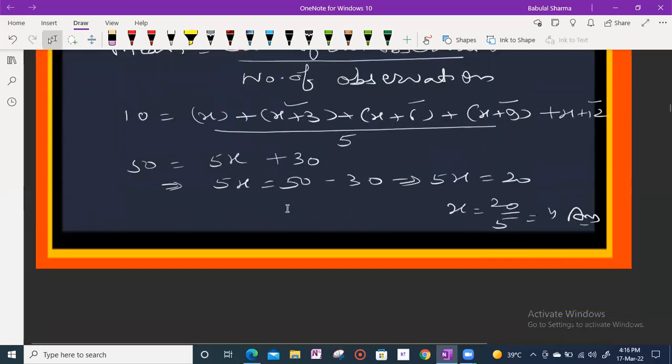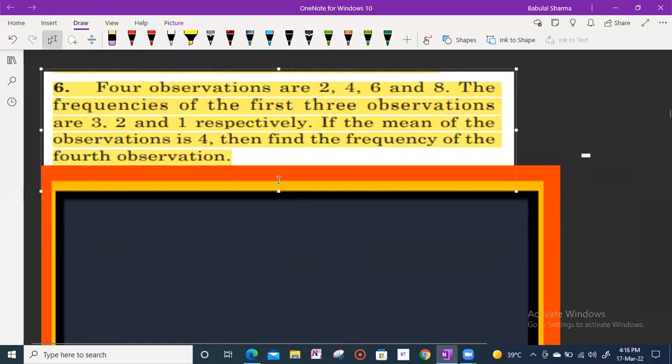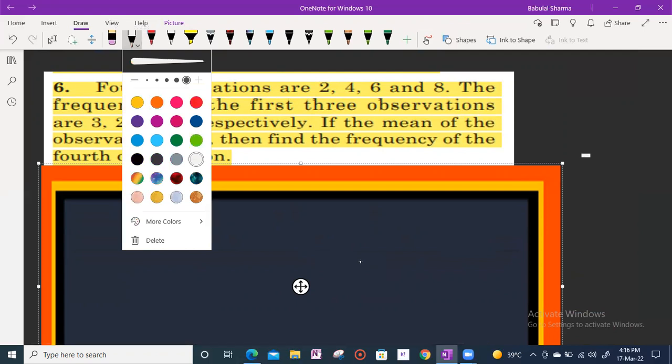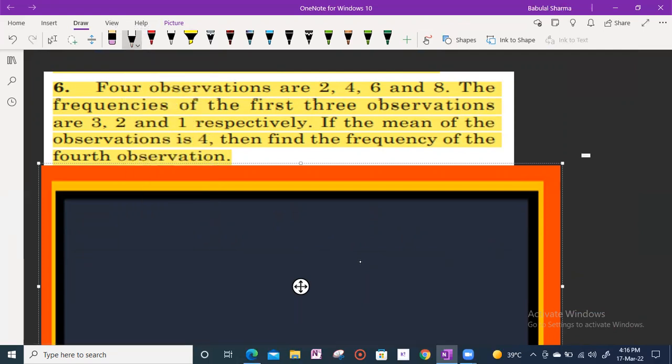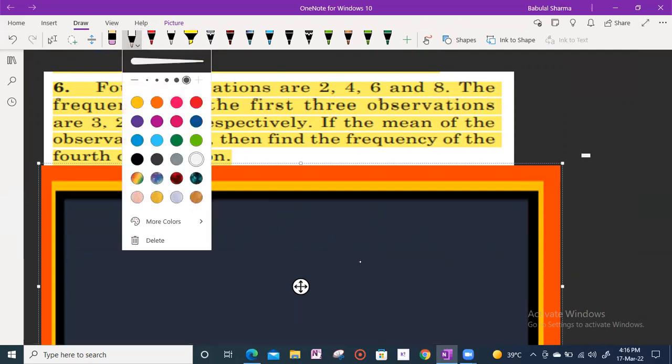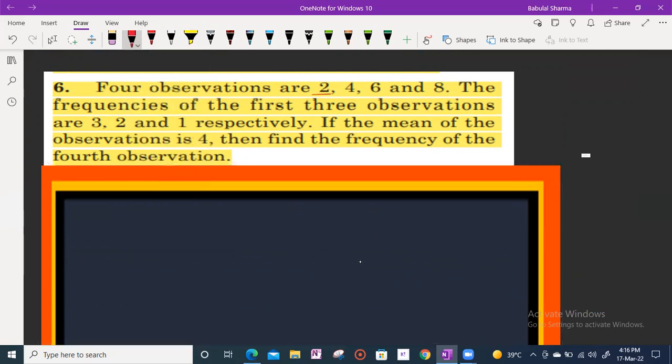Now we can go for the next question. Question number 6 says, first we read the question twice. 4 observations, that is 2, 4, 6, and 8. The frequencies of the first 3 observations are 3, 2, and 1 respectively. If the mean of the observations is 4, then find the frequency of the 4th observation.